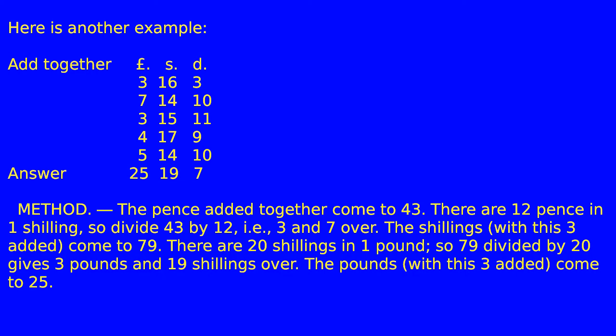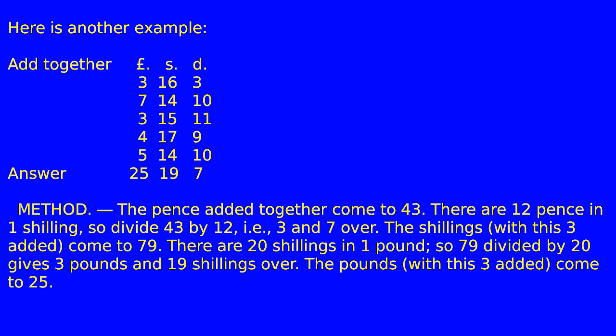Here is another example. Add together pounds, shillings, pence: 3, 16, 3; 7, 14, 10; 3, 15, 11; 4, 17, 9; 5, 14, 10. Answer 25, 19, 7. Method. The pence added together come to 43.